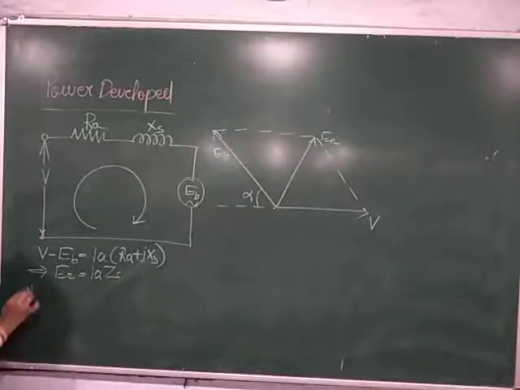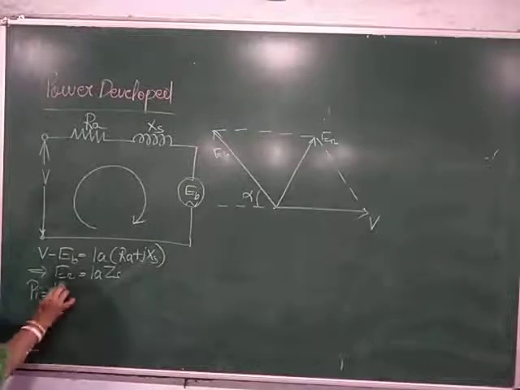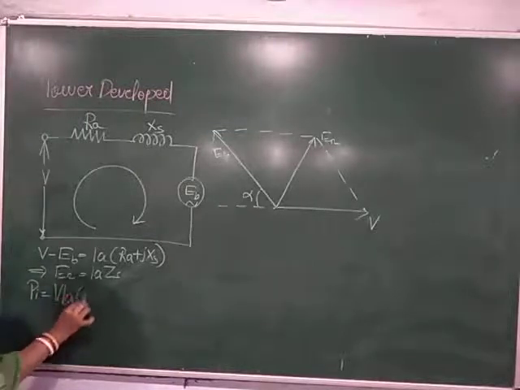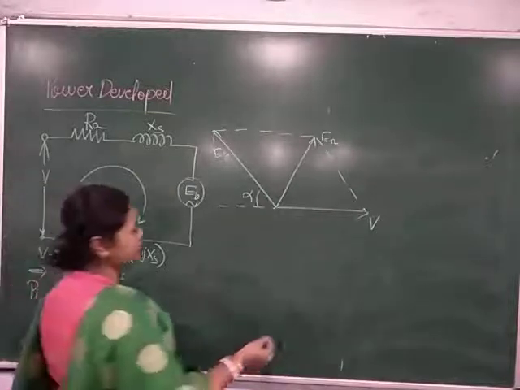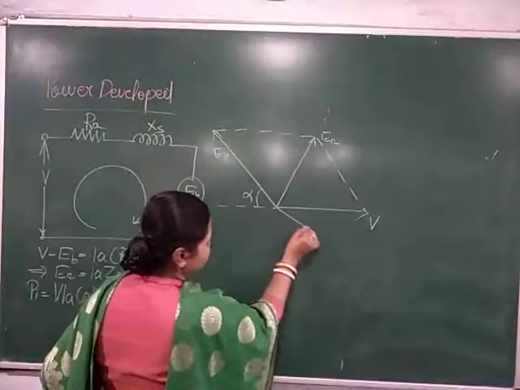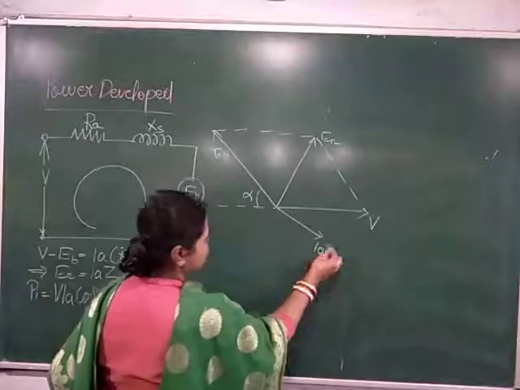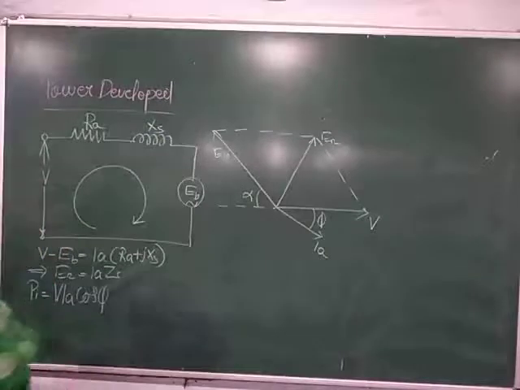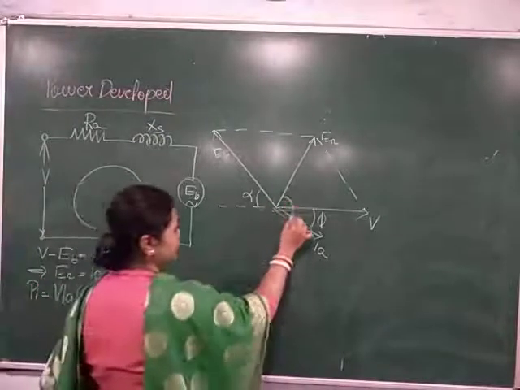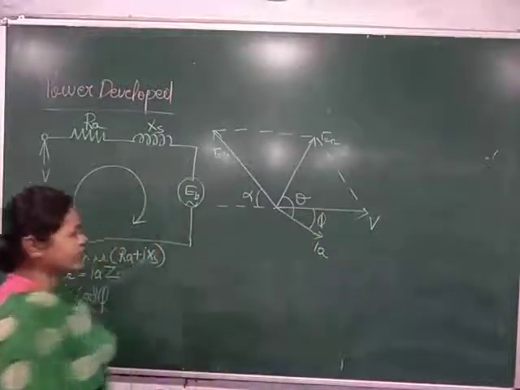Here the input power Pi per phase is V into Ia into cos phi, where cos phi is the power factor angle. This one is the phasor for Ia, this phi is the power factor angle, and here theta is the internal angle.